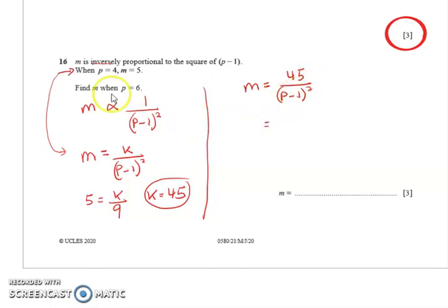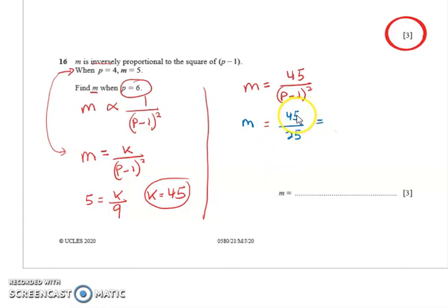Now k is 45 over p minus 1 squared. Then find m when p is 6. When p is 6, 6 minus 1 is 5. 5 squared, you get 25. So your m value is 45 over 25.